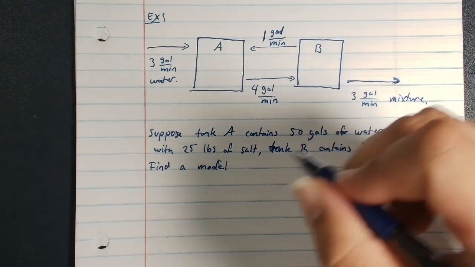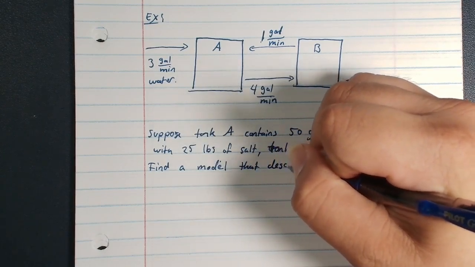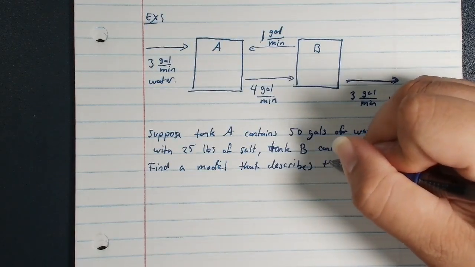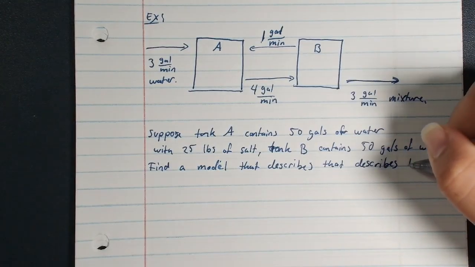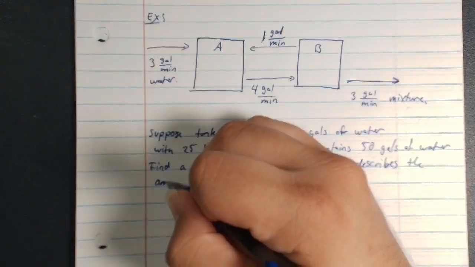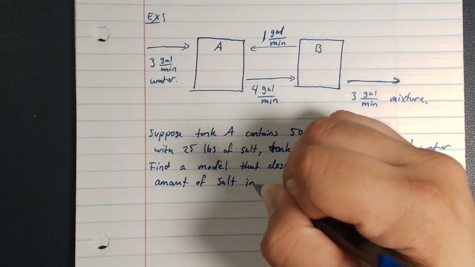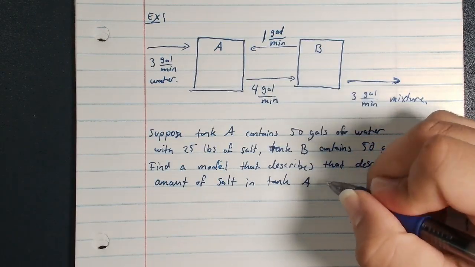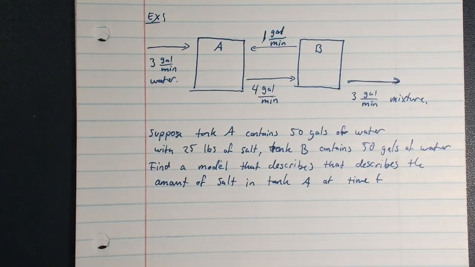Find a model that describes the amount of salt in tank A at any given time t. And likewise, another model for B as well.